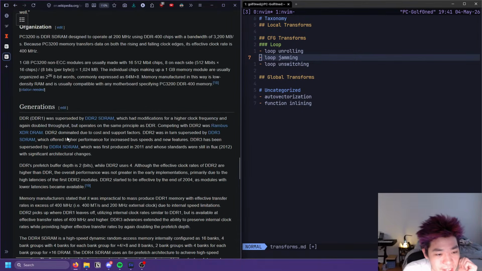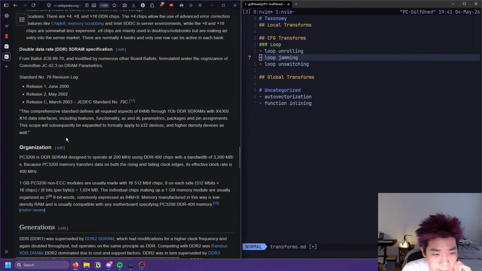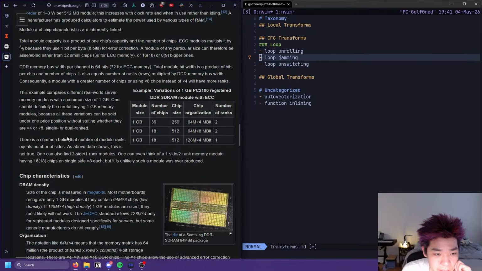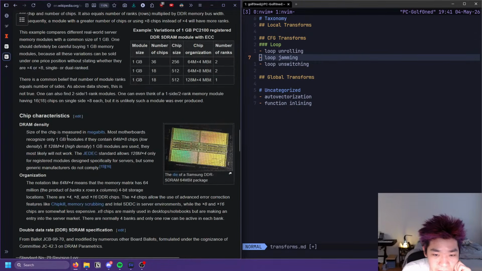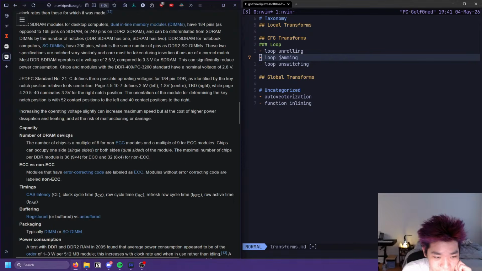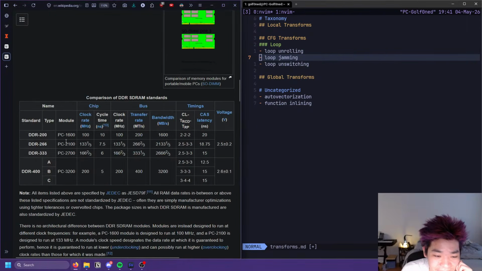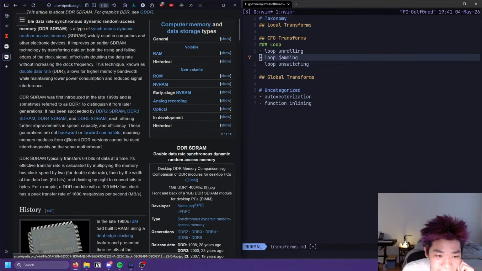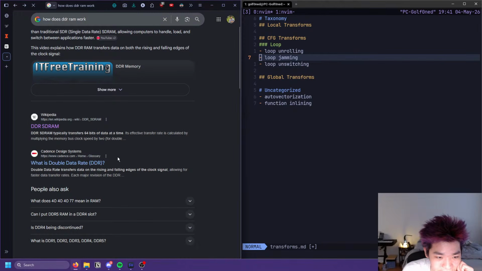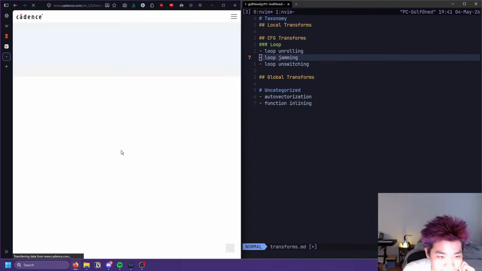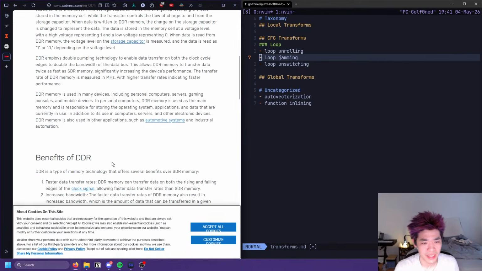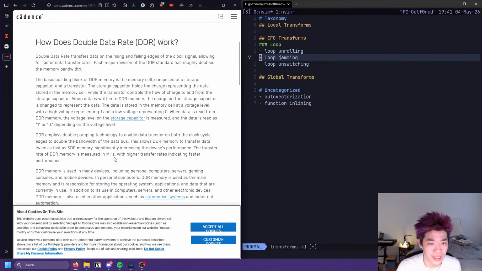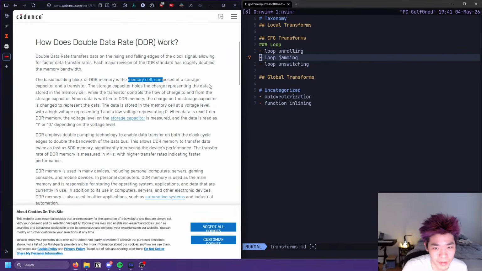The capacitor issue, is this the whole we are running out of space thing, or we're running out of temperature overhead? Yeah, that page did not help me. Ah, full blind. Something about memory cells, a storage capacitor and transistor.